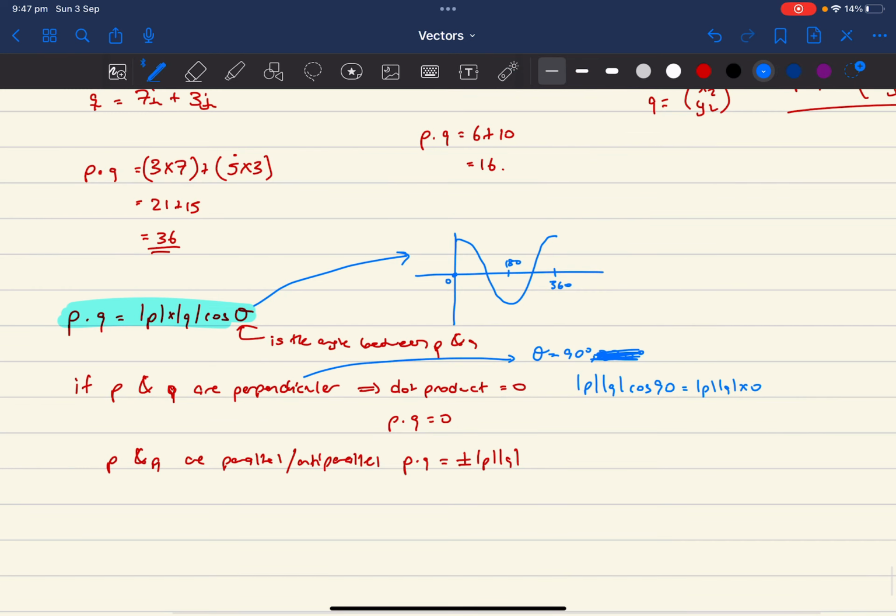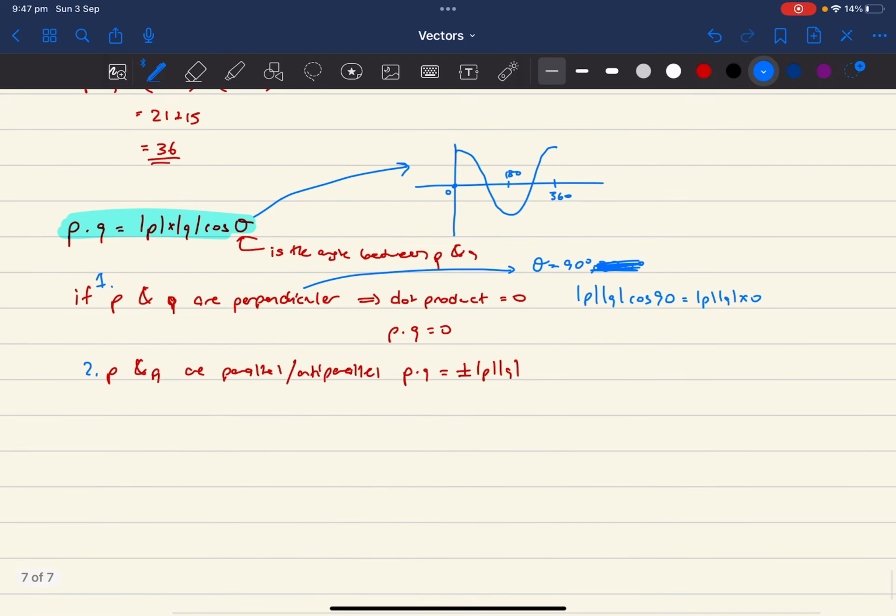If I do the same thing for this second result, so this is the first result, this is the second result. Parallel means the angle between them is either going to be 0 degrees, or it's going to be 180 degrees. If I roughly draw this, this is when theta is 0, and this is when theta is 180.